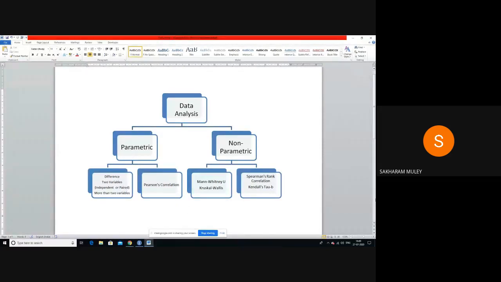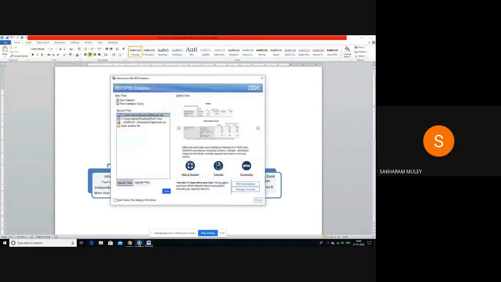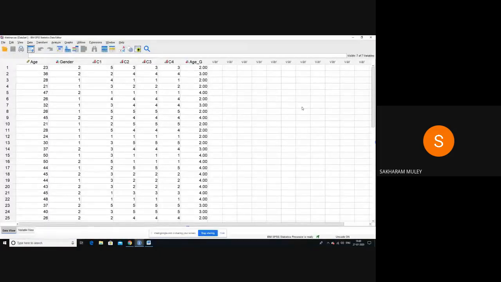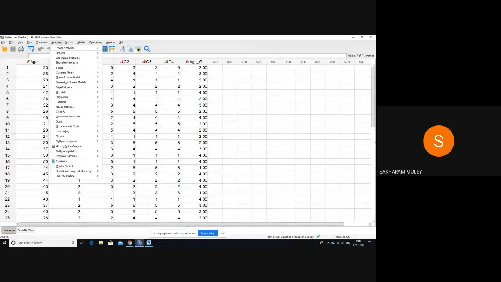In SPSS, if we go for the test of normality, we can think of the basic tests available in SPSS, which are under Analyze, then Descriptive, Explore.